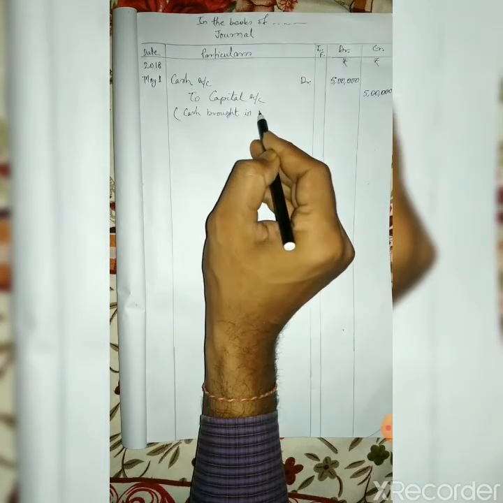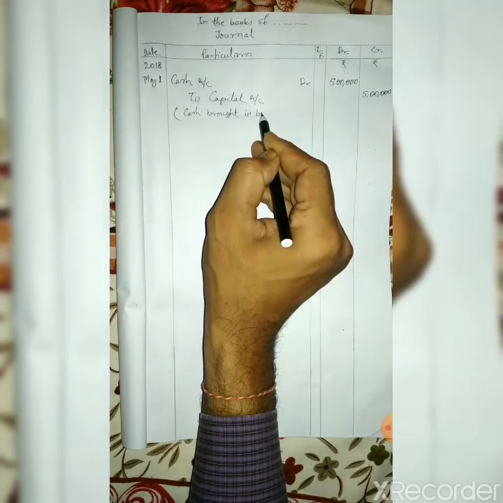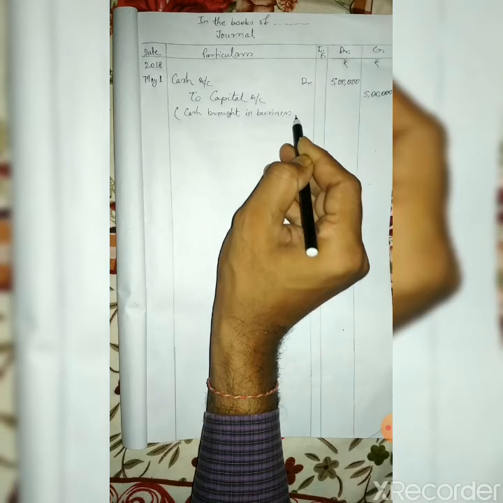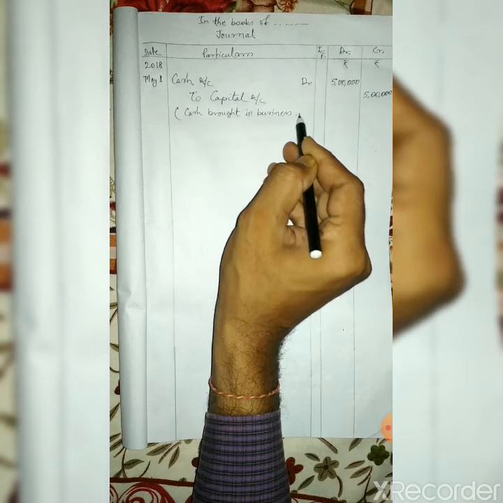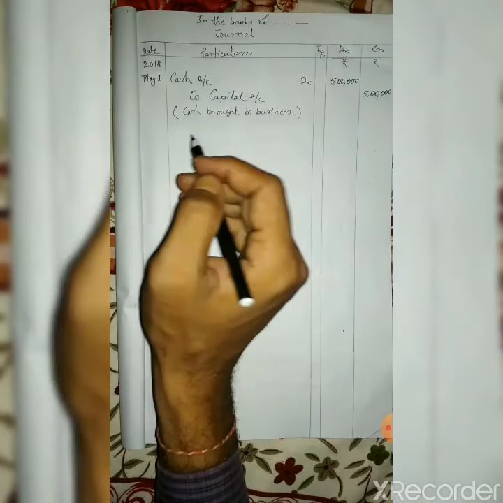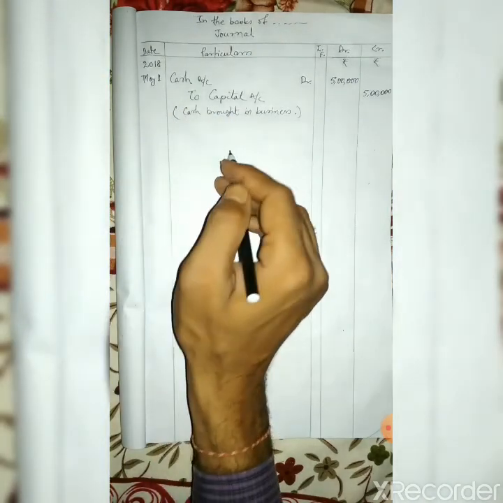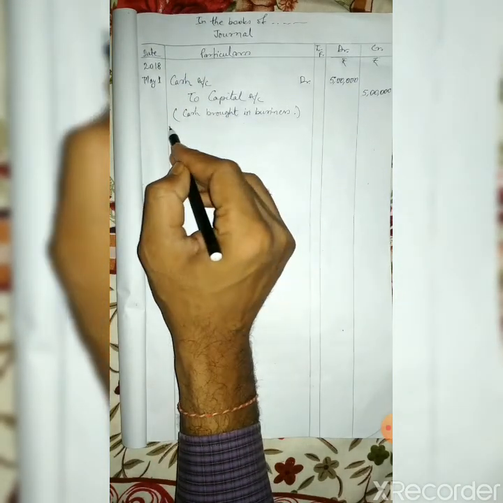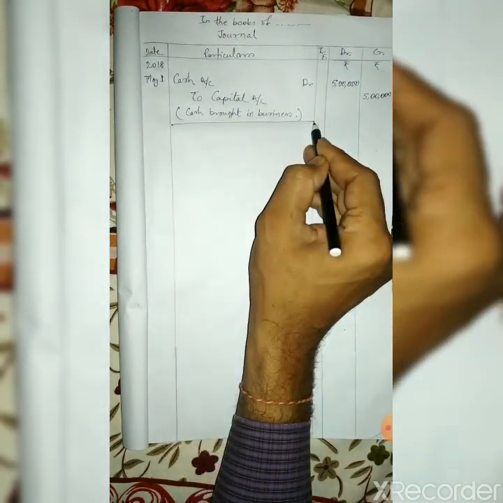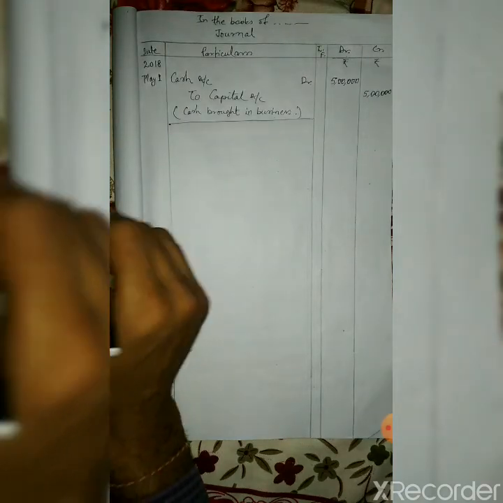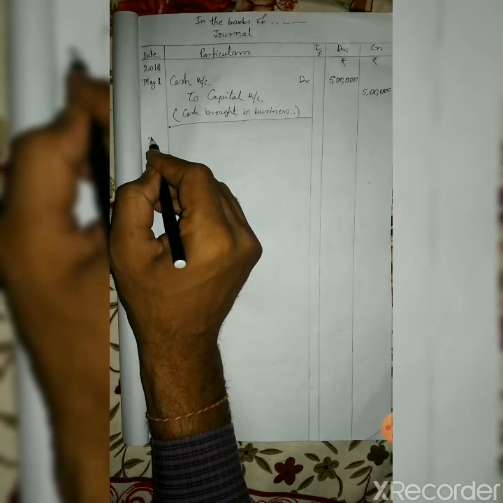Now the other part of the journal entry is just a detail. It is just a detail of the journal entry just made. So here when "cash brought in business" is written, then it becomes clear what was done through the journal entry. So cash was brought into the business by the owner.